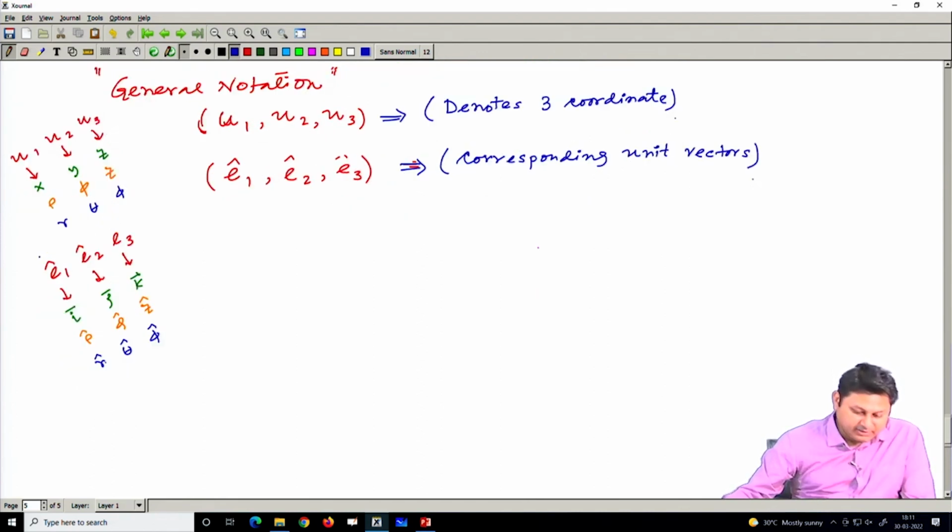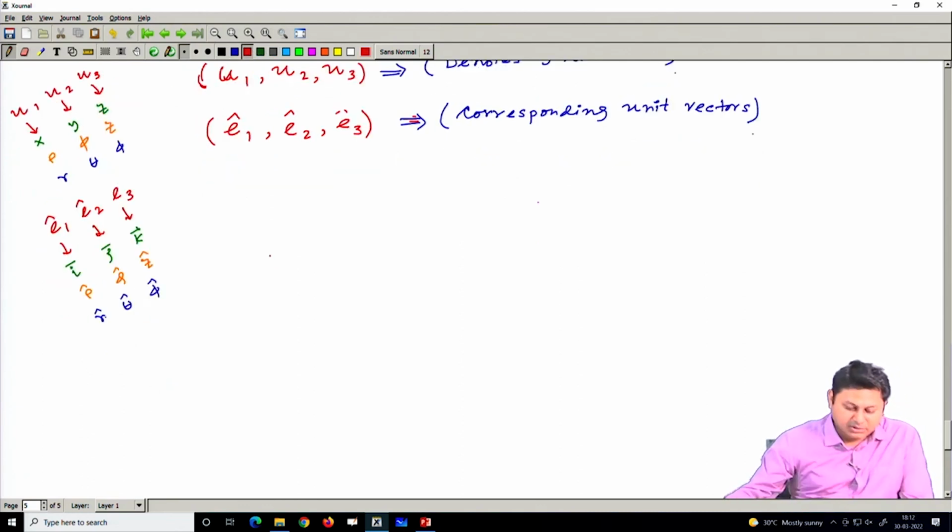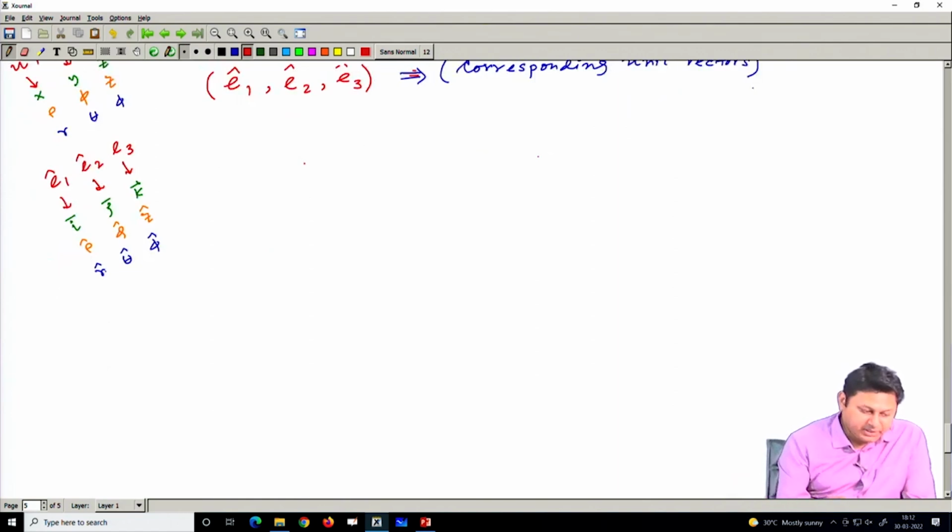Now, for this general coordinate system, if I want to find the infinitesimal displacement, how do I write it?